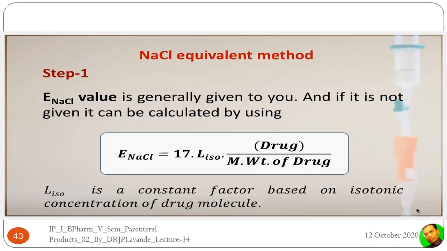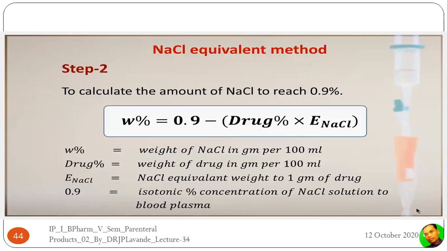So step one: the ENaCl value is generally given to you, and if it is not given, it can be calculated using ENaCl equals 17 times L iso divided by the molecular weight of the drug, where L iso is a constant factor based on the isotonic concentration of a drug molecule.